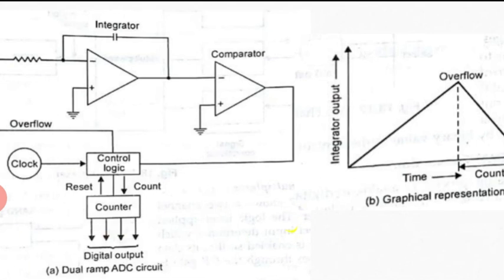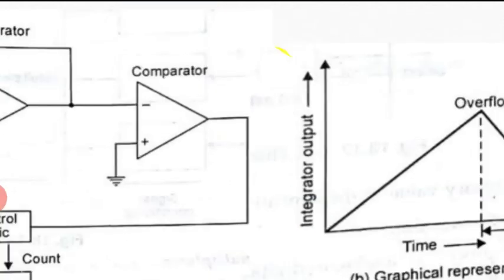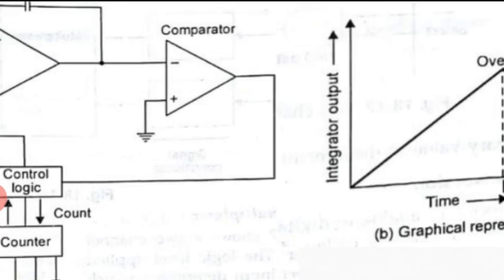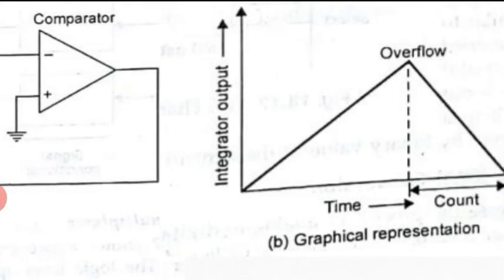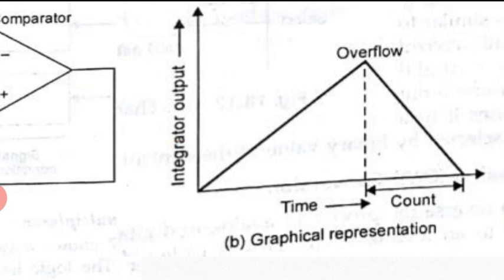The voltage is allowed to go from 0 towards the peak, integrated for a fixed time. Now the integrated value is discharged at a fixed rate, and the time to do this is measured by a counter.